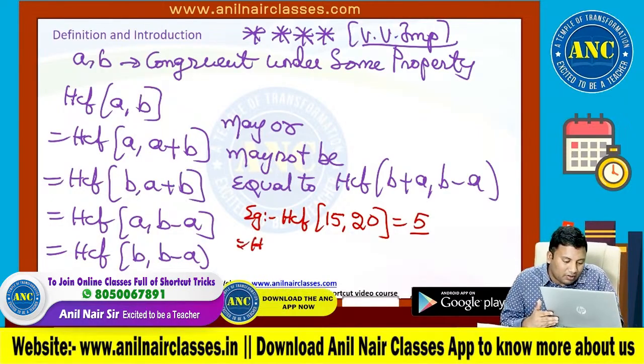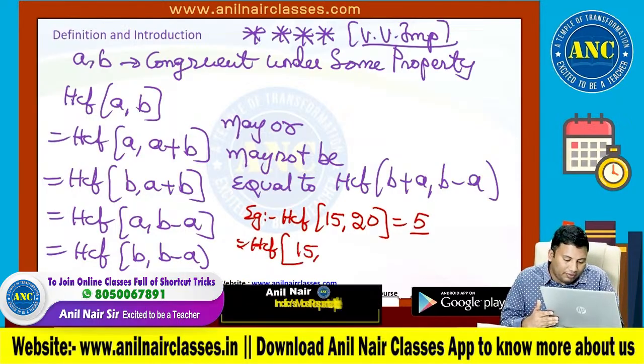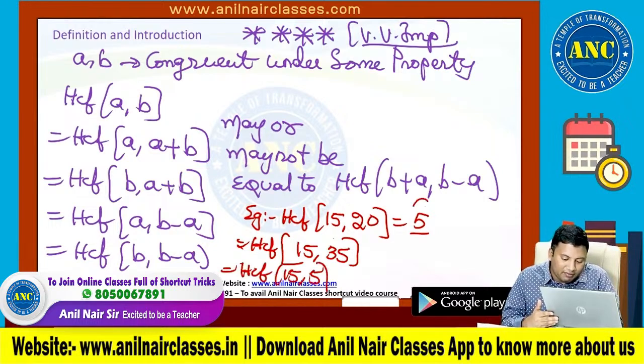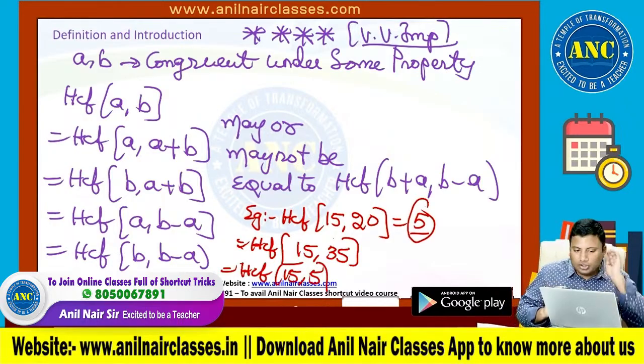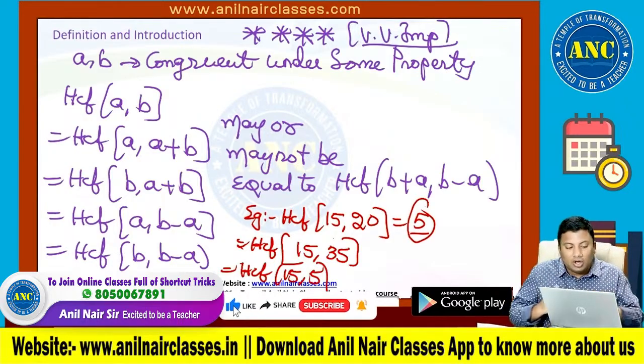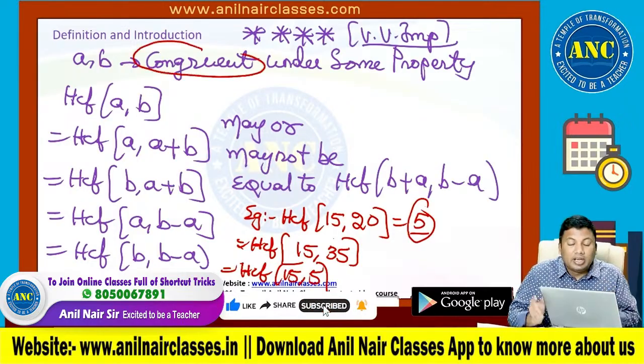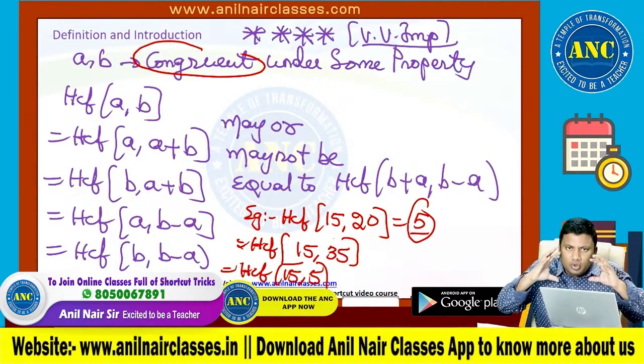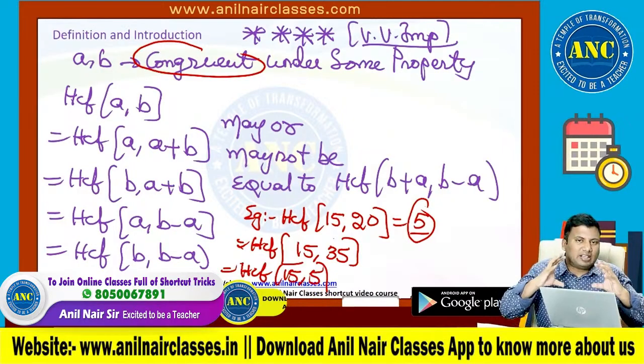It is also equivalent to HCF of 15 plus 20, which is 35. 15 and 35 HCF is 1. HCF of 15 comma 20 minus 15, which is 5, is also 1. In this case, Naveen, congruency could be anything where these two numbers satisfy some property.